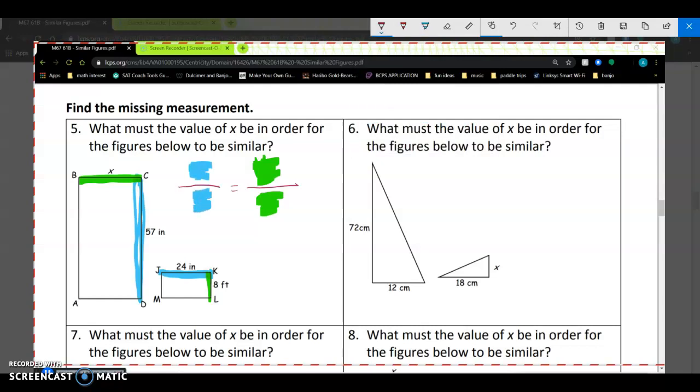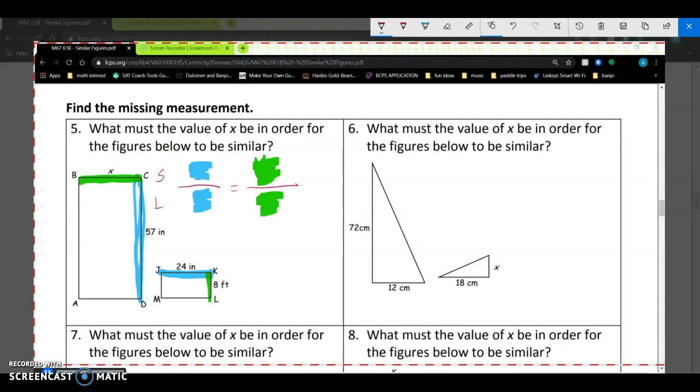Now, I try to be as systematic as possible. I normally put the smaller on the top and then the larger on the bottom, shape-wise. So, if I'm looking at the smaller shape, which would be down here, notice that longer side.